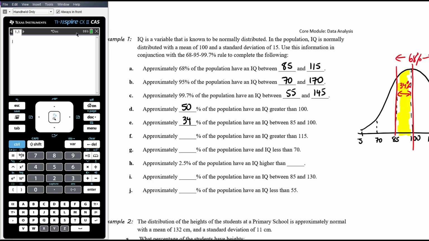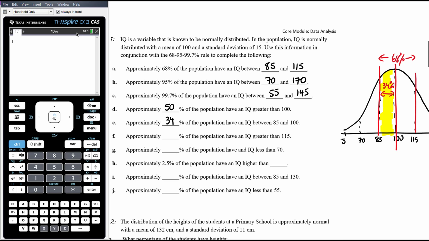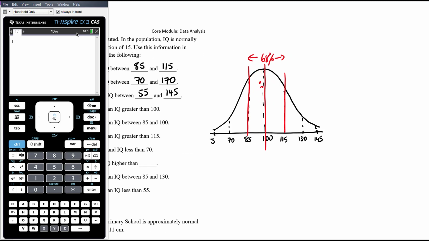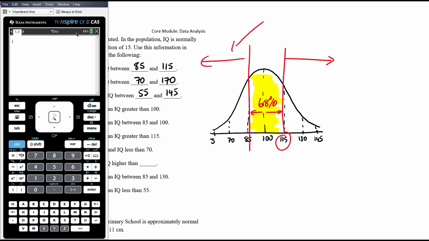Part F, approximately what percentage of the population have an IQ greater than 115? Okay, let's have a look at this. Let me just get rid of those markings from the last one. So greater than 115, so here's 115, it is 1 standard deviation above the mean. We want to think about greater than 115. Again, we want to use our information about the 1 standard deviation. We know that that's 68% in there, from there to there, which means that outside of here has to add to give us 100%.